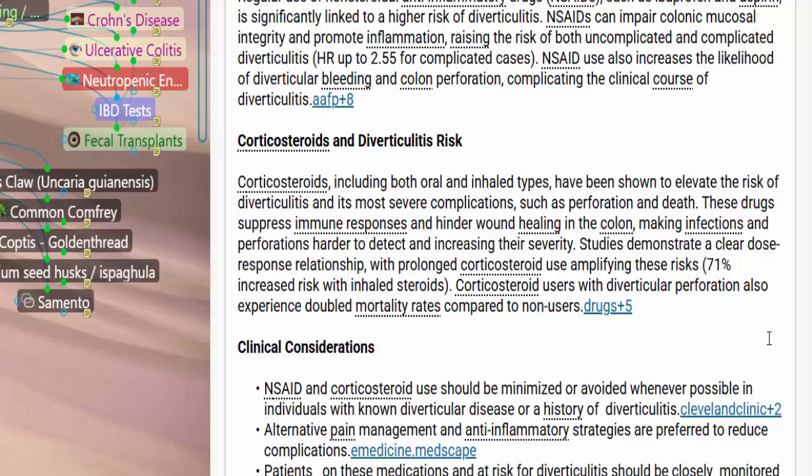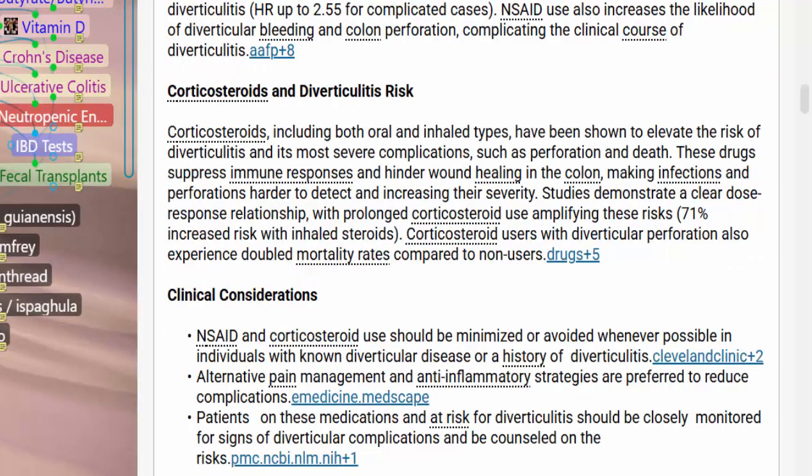These drugs suppress immune responses and hinder wound healing in the colon, making infections and perforations harder to detect and increasing their severity. Studies demonstrate a clear dose-response relationship with prolonged corticosteroid use amplifying these risks. In fact, there's a 71% increased risk with inhaled steroids.